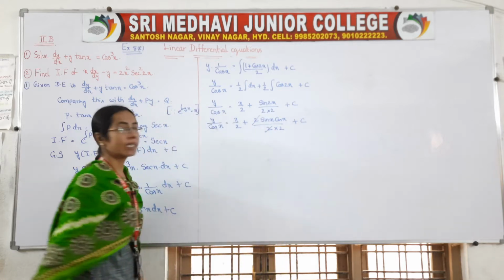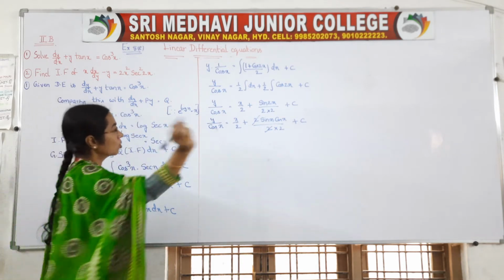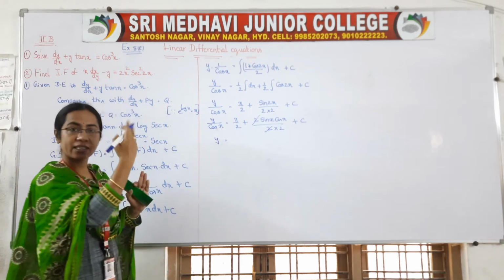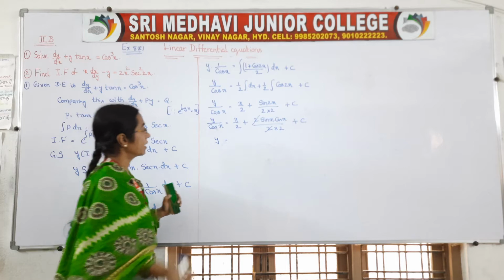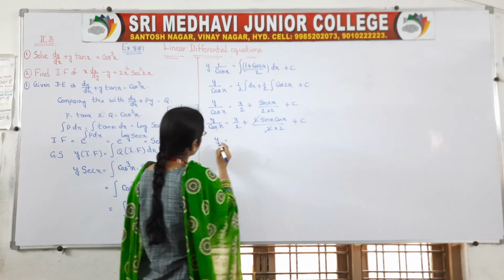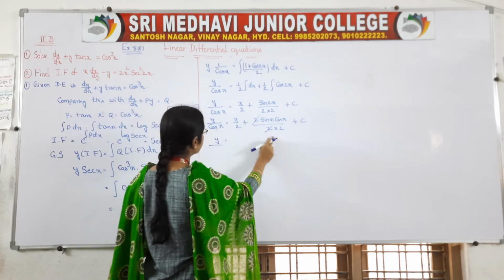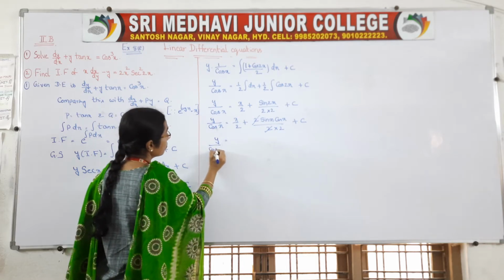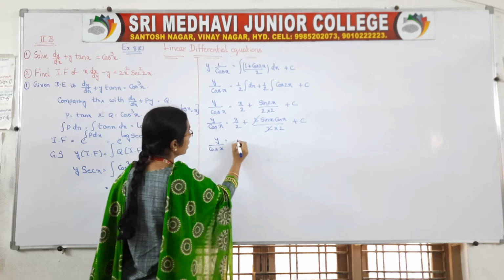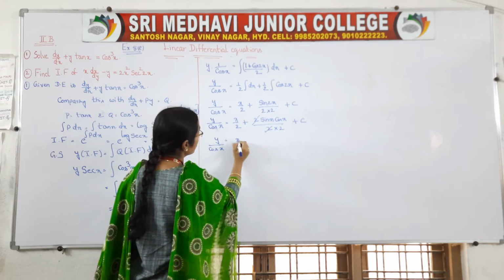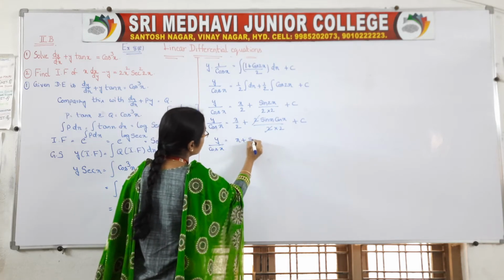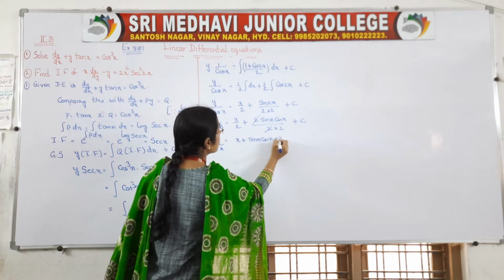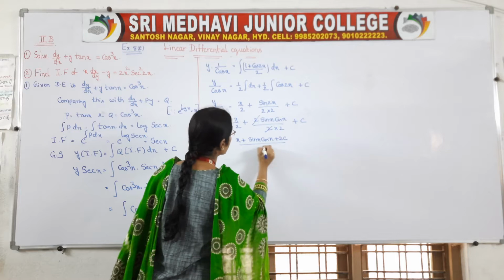The 2 get cancelled. Then first let me take 2 as LCM: y by cos x is equal to x plus sin x into cos x plus 2c, by 2.